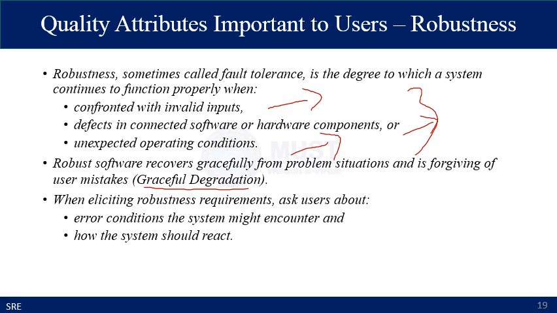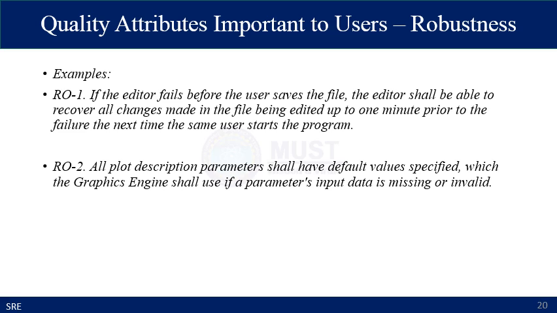When eliciting robustness requirements, the analyst must ask the user about the error conditions the system might encounter and how the system should react to counter them. Here are examples of robustness.